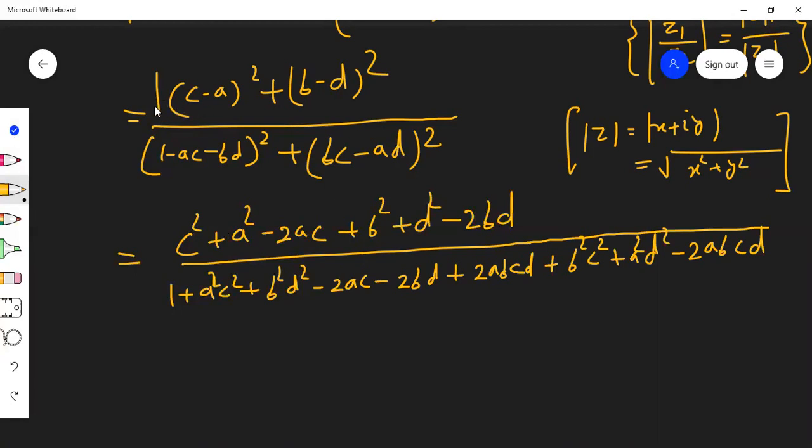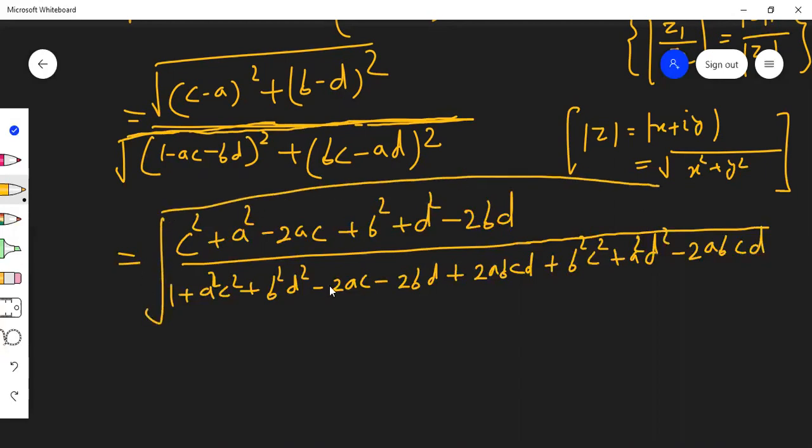So we should have the square root over here, and we should have the square root over here. So the square root can be written in both the numerator as well as the denominator.